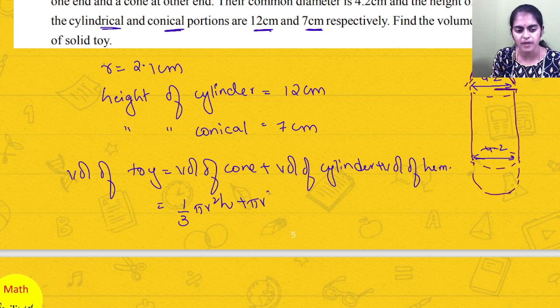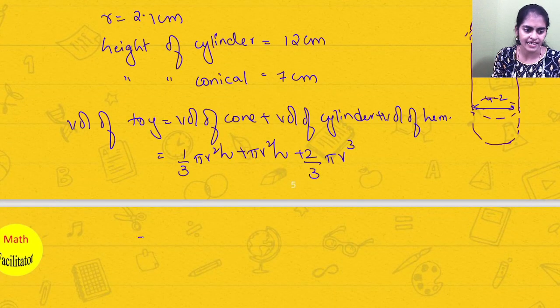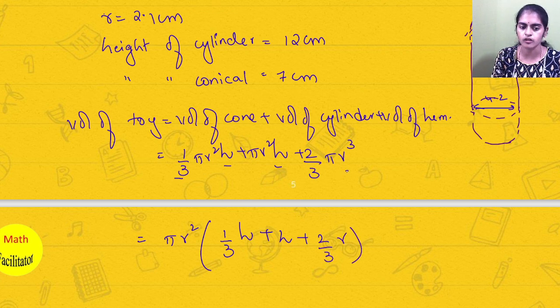Volume of cylinder is pi r square h. Volume of hemisphere is half of the volume of sphere. Now everywhere the radius is the same, so let me take pi r square common. I'll have 1 by 3 h remaining, plus 1 h remaining, plus 2 by 3 r remaining, since out of r cube you are taking r square common.